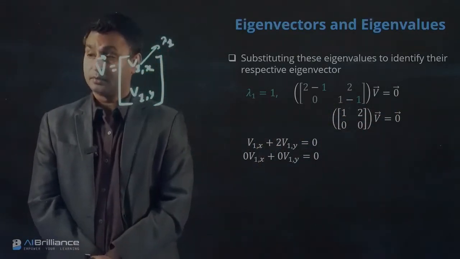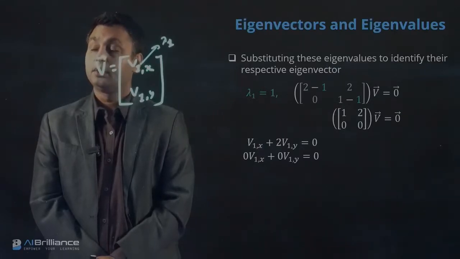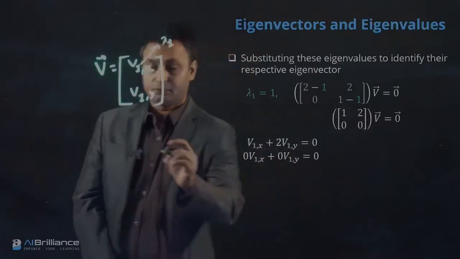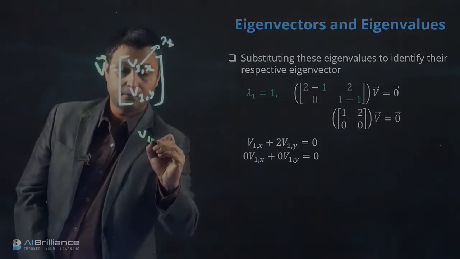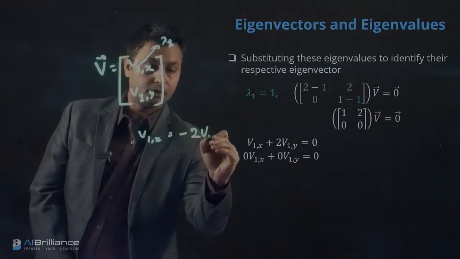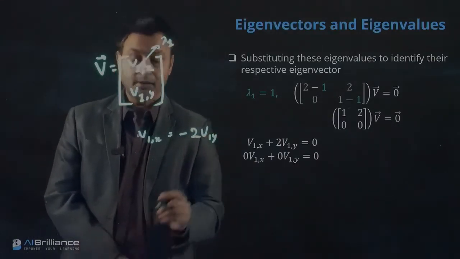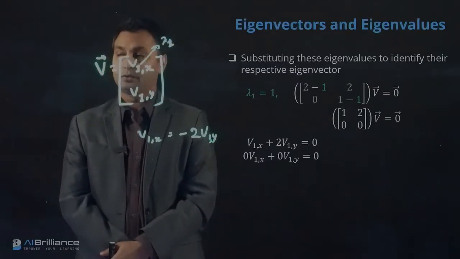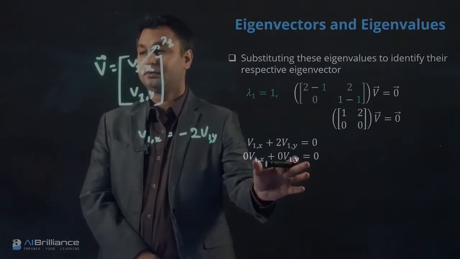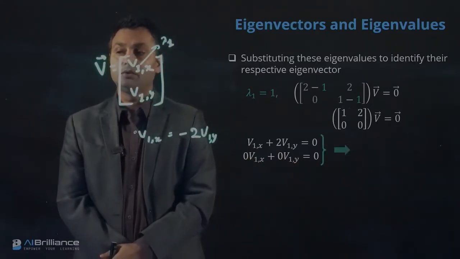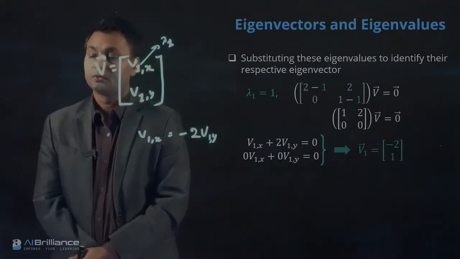Now, we can solve this equation. We can simplify it and write that v1x is equal to minus 2 v1y. If that's the case, we can quickly find a solution, because there are a lot of values that will satisfy this.